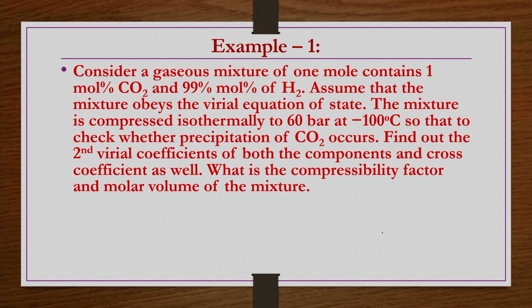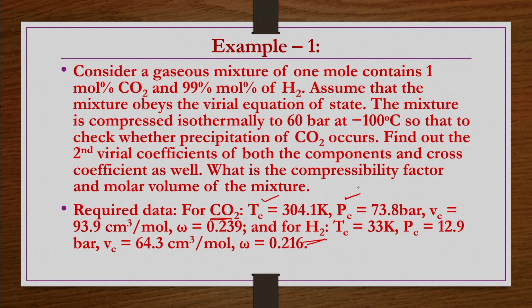For CO2 and H2, critical temperature and pressure are available in any standard thermodynamics book, so we can use that information with the correlation we have discussed to get those virial coefficients, for both pure components as well as the cross virial coefficient.